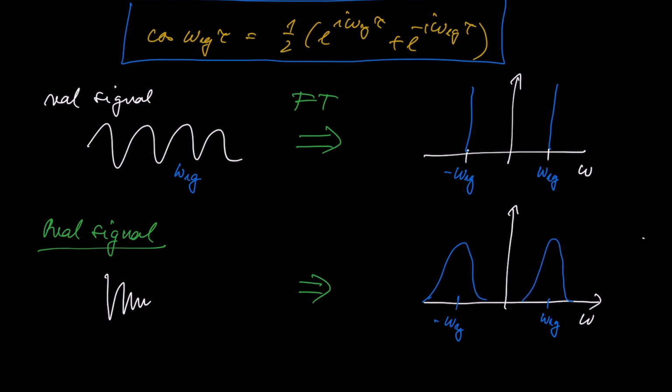And if we are at optical frequencies and decays are normal as they should be, we will get two separate distributions of frequencies, one around omega Eg and one around minus omega Eg. And these two together make this real signal.